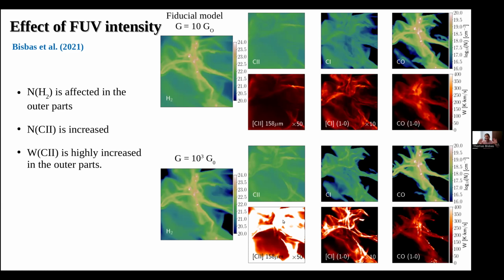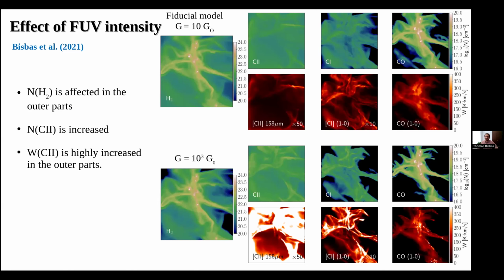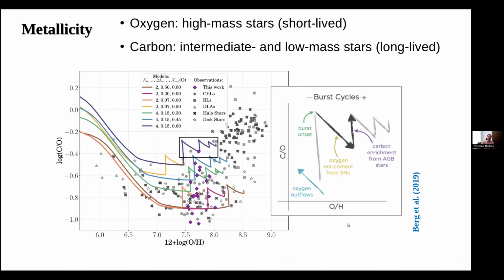It stays bright, but in the outer parts of the molecular region. We have also some stronger emission of C1, but the origin of C1 and C+ and CO remains the same when we have higher FUV radiation fields.